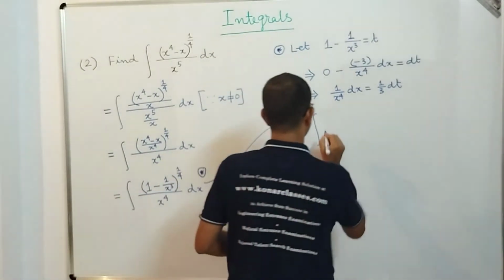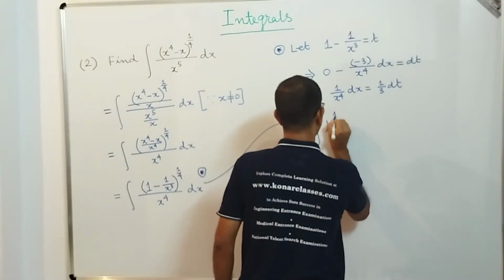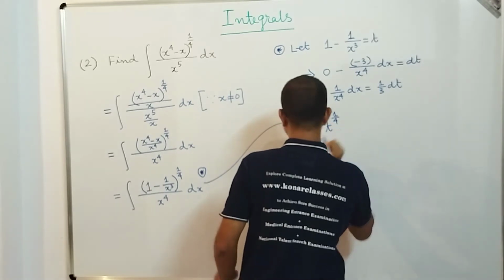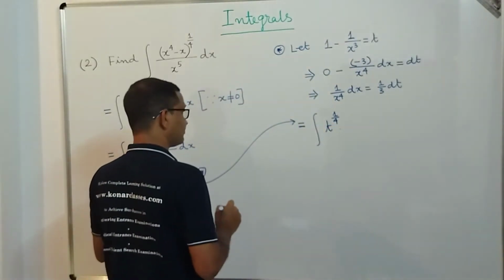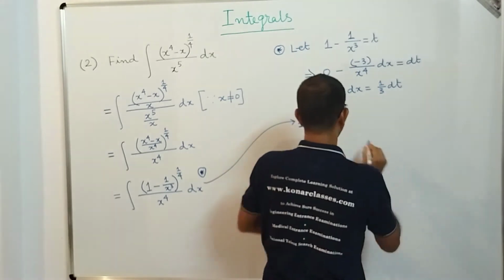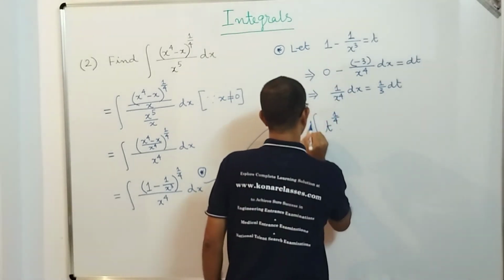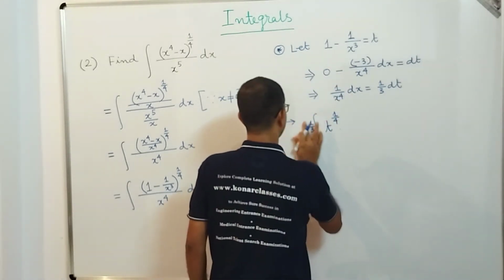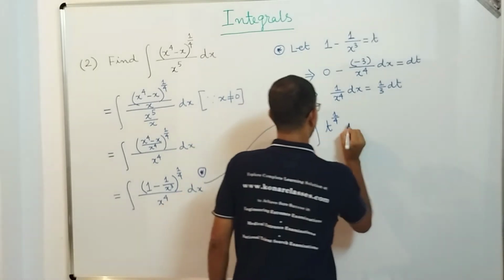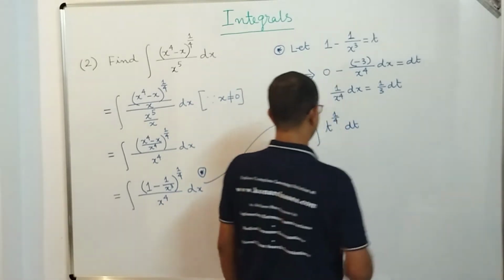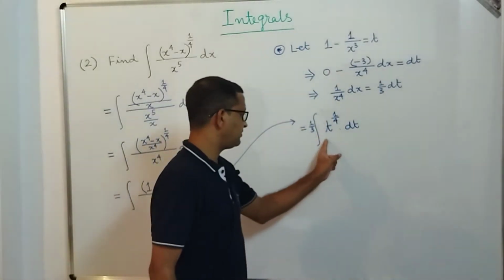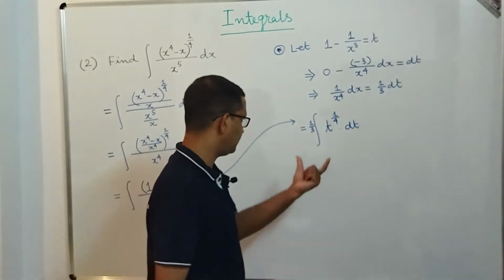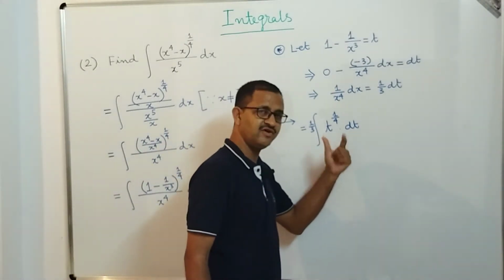So here we get t to the power 1 by 4 into dx by x to the power 4, which is nothing but 1 by 3 dt. So this 1 by 3 we can bring outside, and dt we can write, correct? Now we can integrate this one very easily.